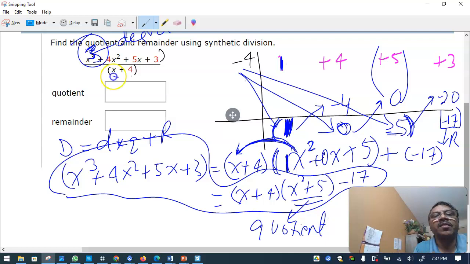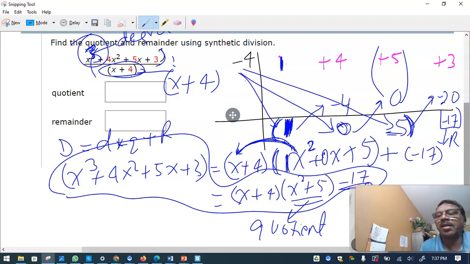In this case, this x plus 4, which is right here, we say it is not a factor of the top part. It is not a factor because there is a remainder here. If this was 0 right here, then we would say x plus 4 is a factor.